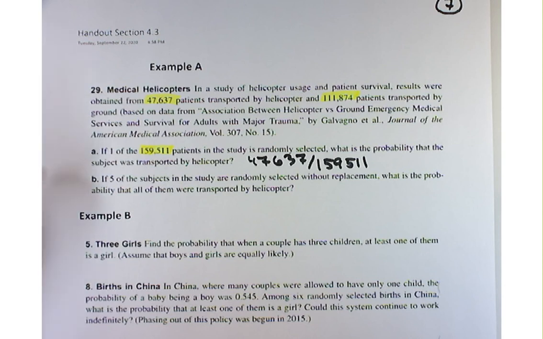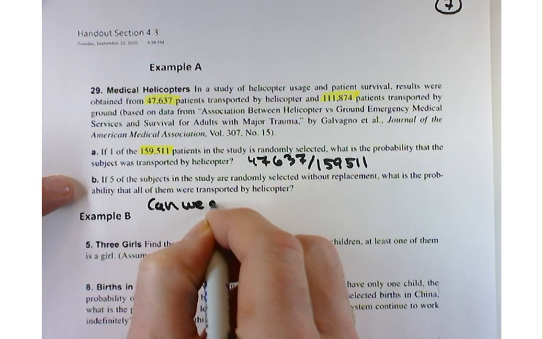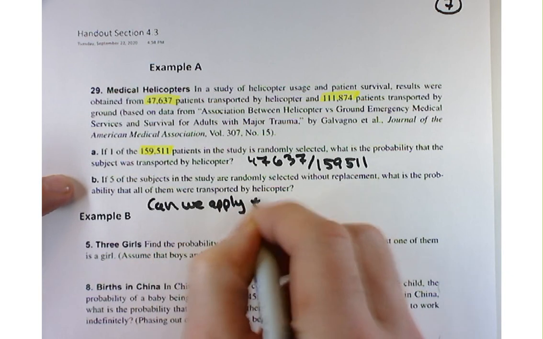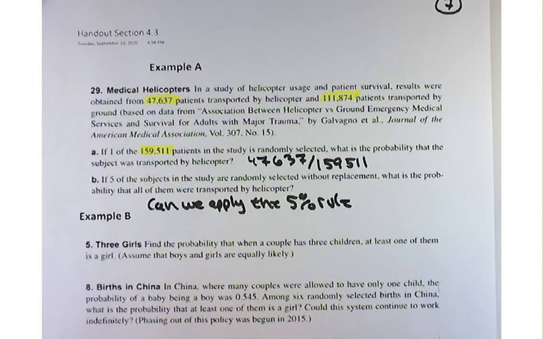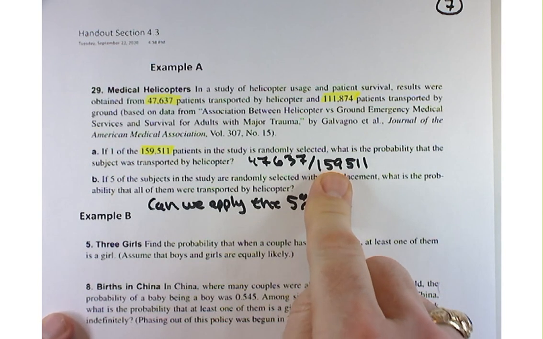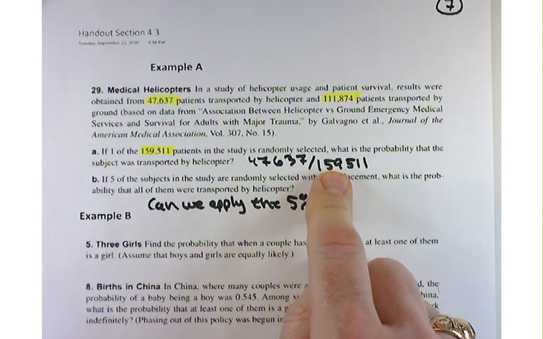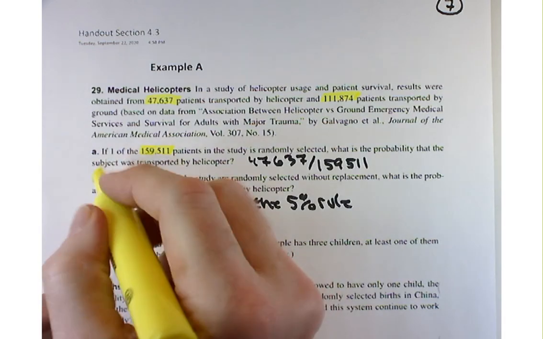Can we apply the 5% rule? Well, the answer is yes. Now I think 5% of this is going to be around 7,800 maybe, guessing. Well, what's our sample size? 5. Yeah, sample size is 5.